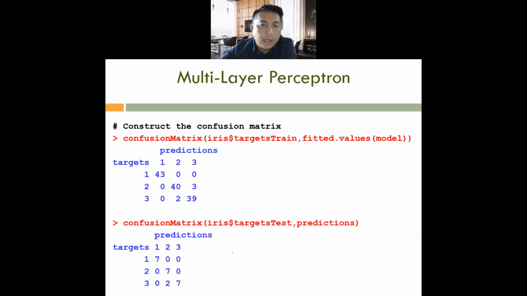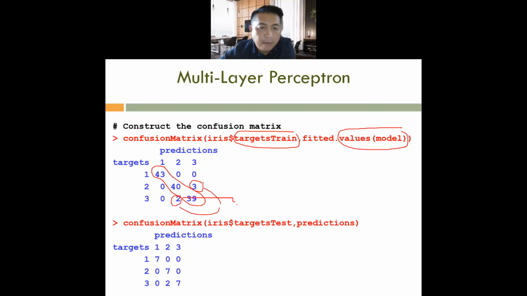Okay. So we can also construct the confusion matrix by taking into consideration the target training and also the values of the actual model. So basically all of these are true predictions, and the error that we have is only this and this.